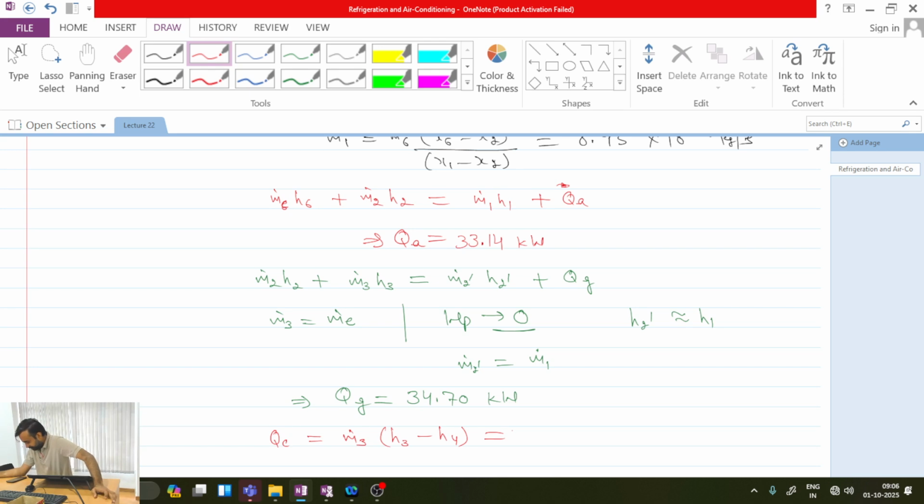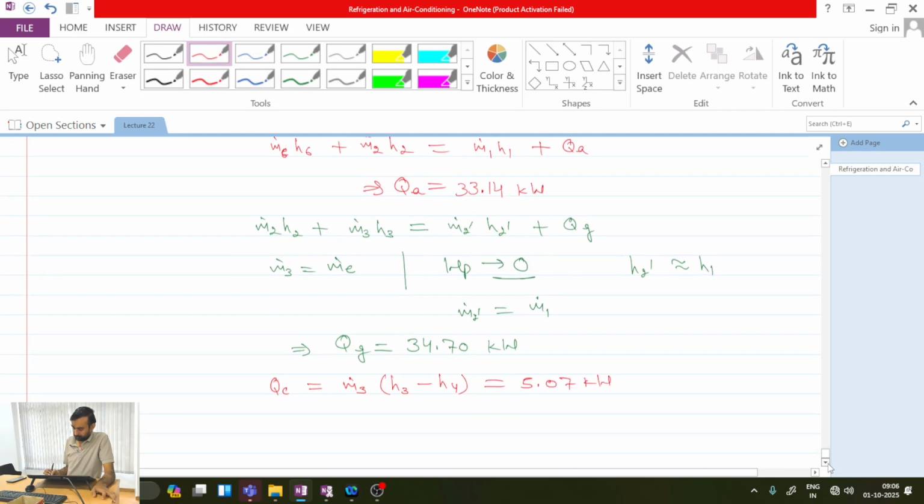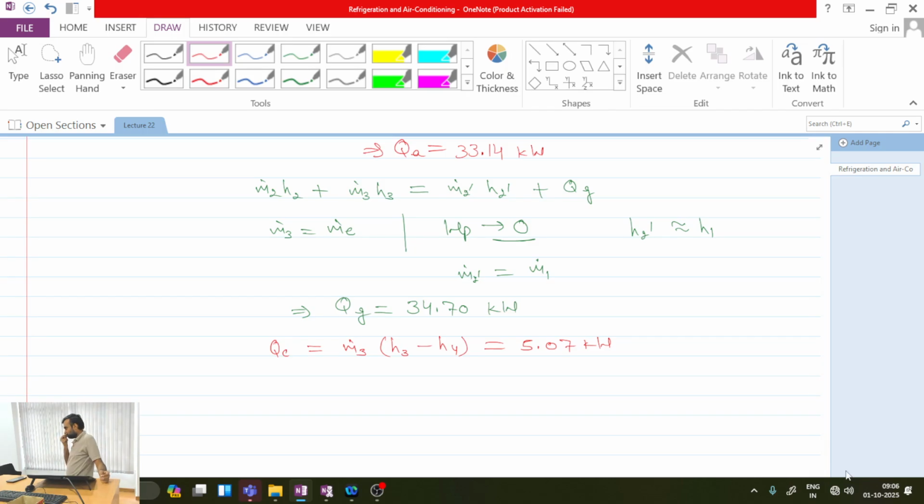How much is it? 5.07 times 10 to the power minus 3 mass flow rate.